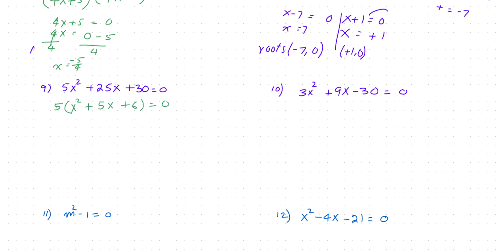So this is simple, coefficient 1 is there, so we can put two brackets and x square. Multiples of 6 by adding you should get 5. So 3 times 2 is 6. If we add, 3 plus 2 is 5. So the factors are plus 3 and plus 2.